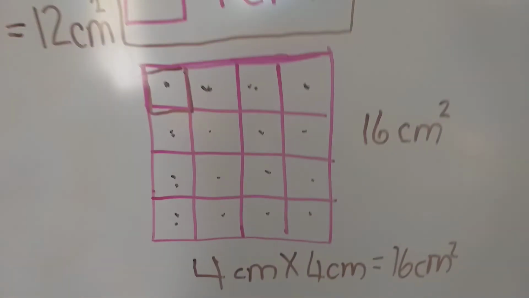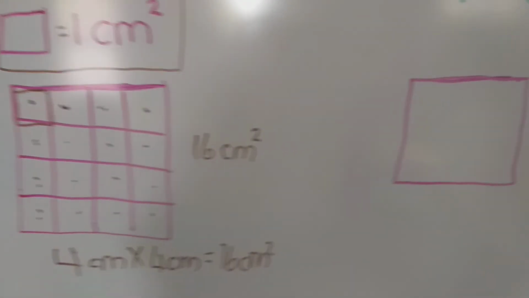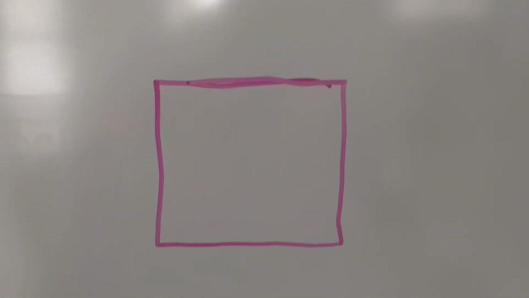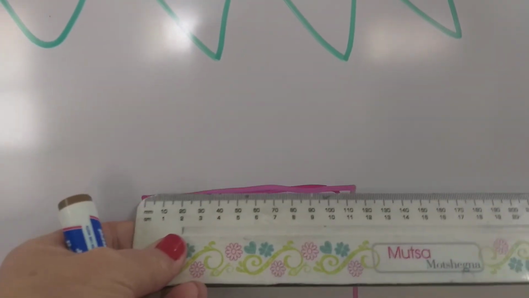If you're given a shape where they haven't divided it into little blocks or squares, then what do you need to do? Just like with perimeter, you need to take out the good old ruler, put it on your 0 and measure it.